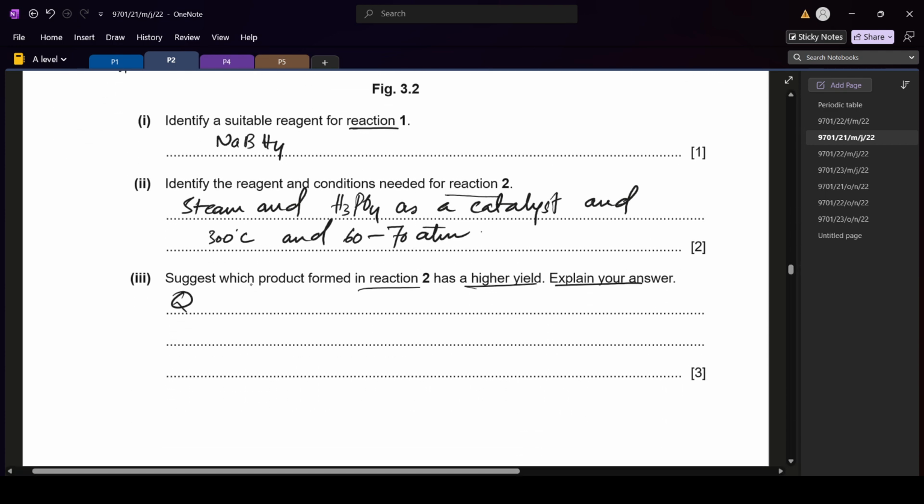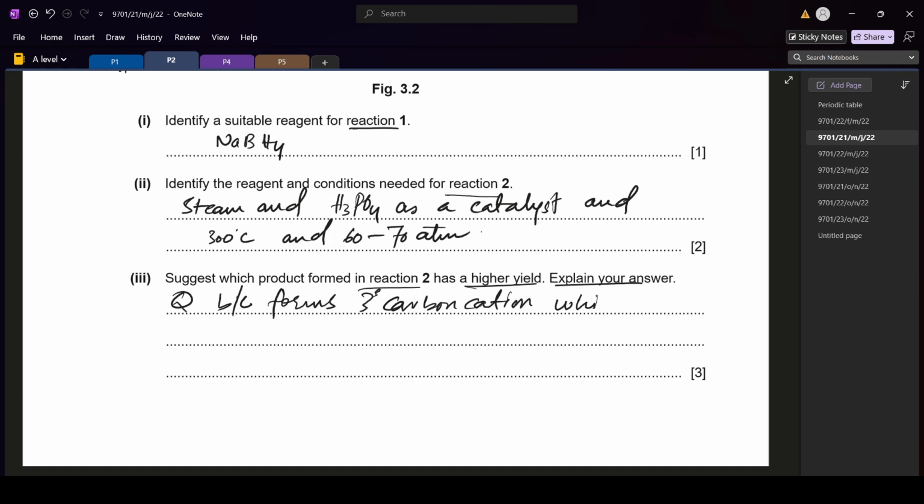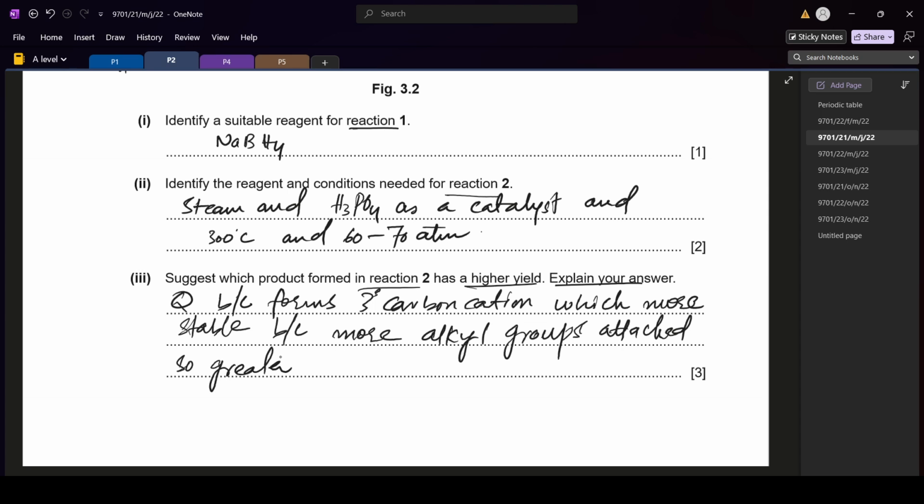So Q, because it forms a tertiary carbocation, which is more stable, because more alkyl groups attach, so there is a greater inductive effect.